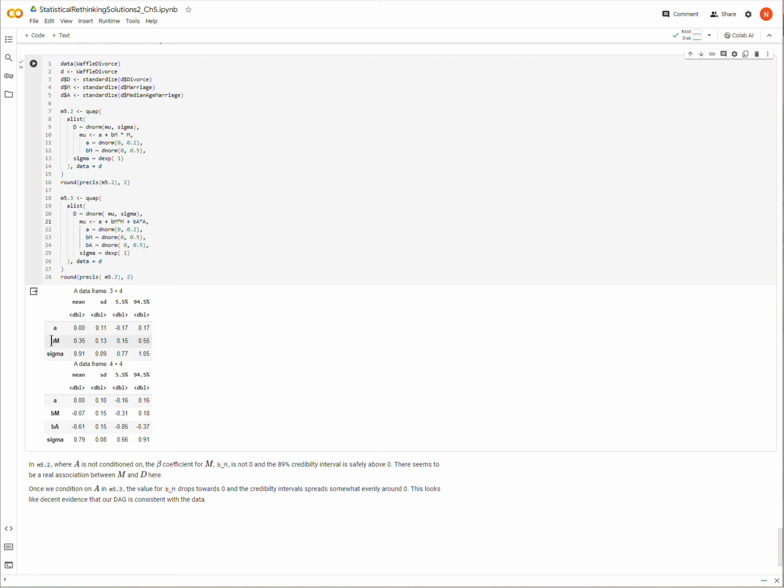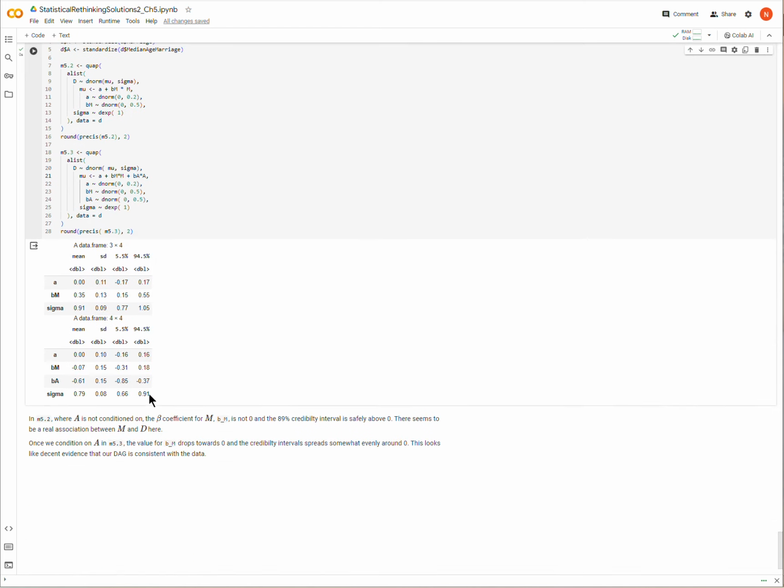If we go to the beta coefficient on M in the first one, we see that its estimate is above 0, and not only that, its 89% credibility interval seems to be safely on one side of 0. So this suggests that there is a meaningful association between M and D, and that's consistent with our DAG.